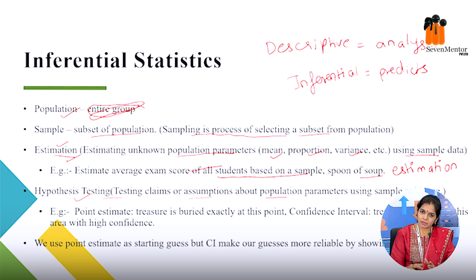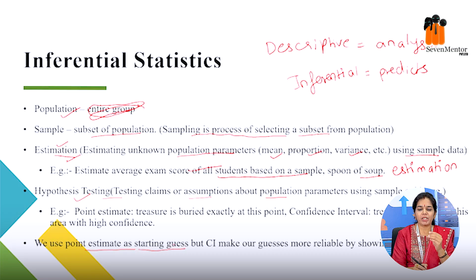If we get evidence, we don't reject the statement, and if we don't get any evidence, we reject the statement we have made. One very important point: estimation is the starting guess.